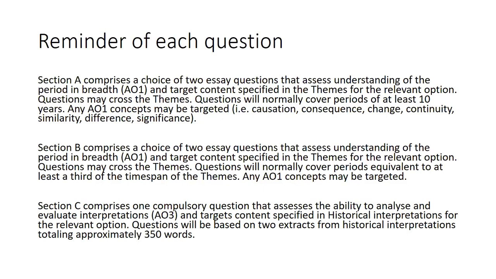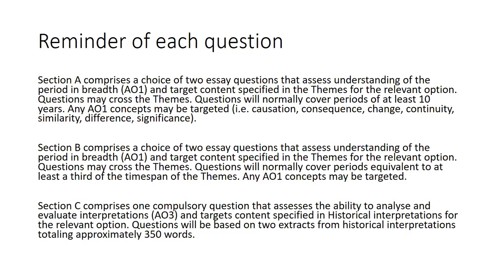So, just a reminder, my paper is split into 3 sections: Section A, Section B, Section C. Section A is 2 essay questions that look at the understanding of our time period in breadth and target content specified in the themes for the relevant option.